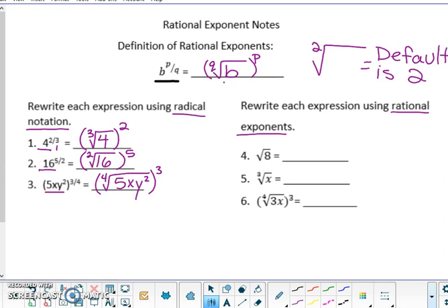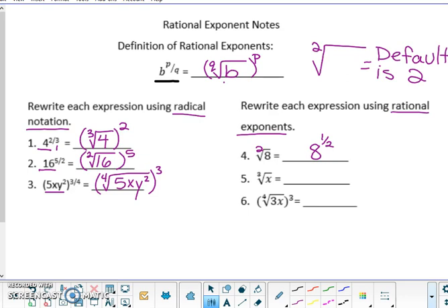So every time you see that, imagine there's a 2. Put a 2 there. So we have our radicand is 8, so therefore 8 becomes our base, and our exponent is going to be a fraction with 2 as the denominator. And then the numerator, if there isn't one, we don't have an exponent here, so the automatic default is 1. So this becomes 8 to the 1/2.